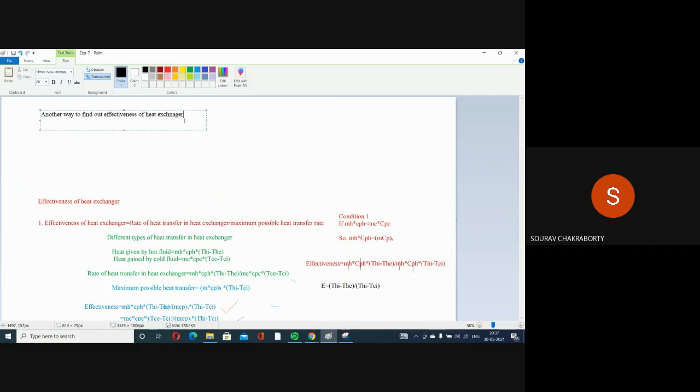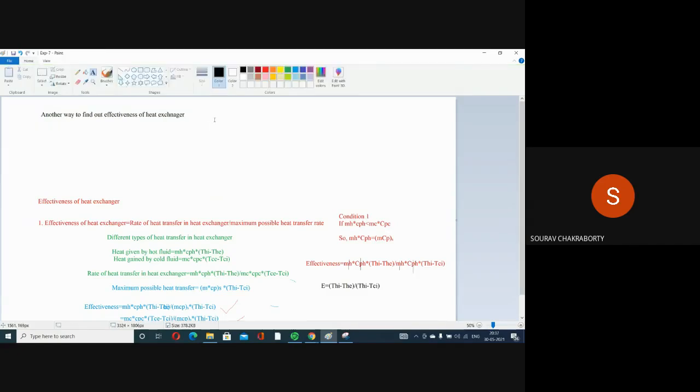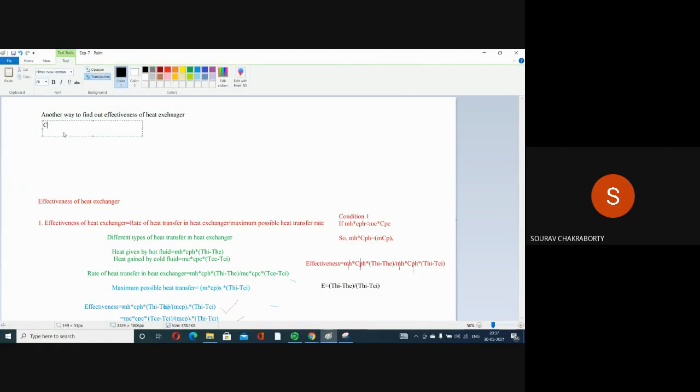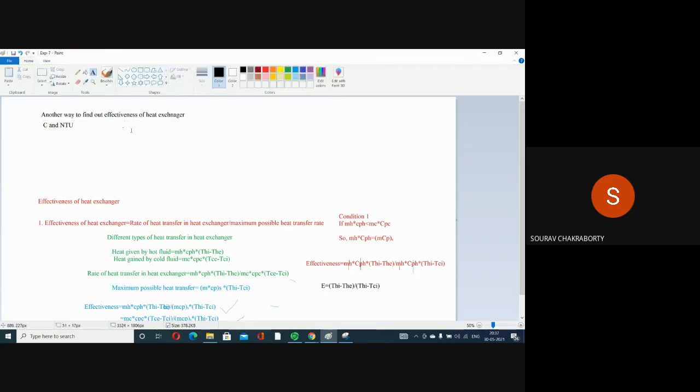For this, what do we need? We need two things: the C value and the P value. First of all, we need these two things. So what is C?